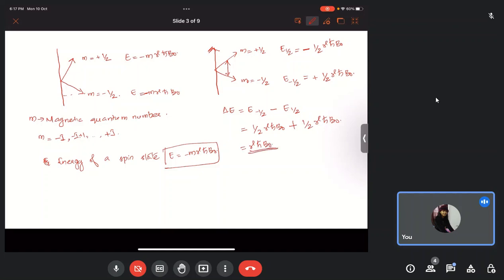So the energy gap between these two, delta E, is equal to gamma h cut B naught. Now let's see how it is going to look in the spin 1 system.